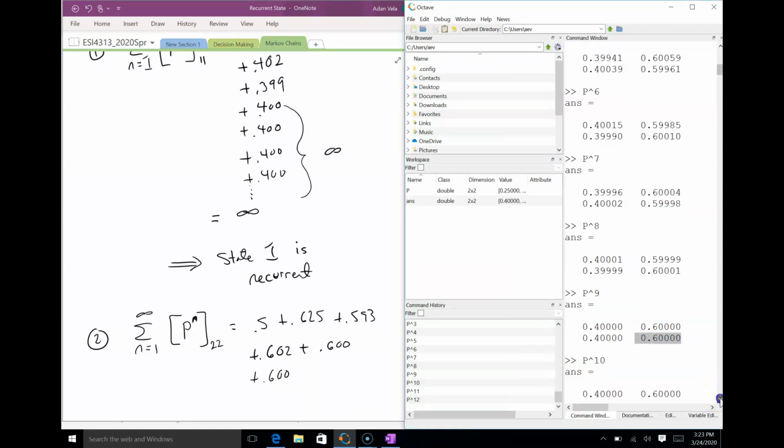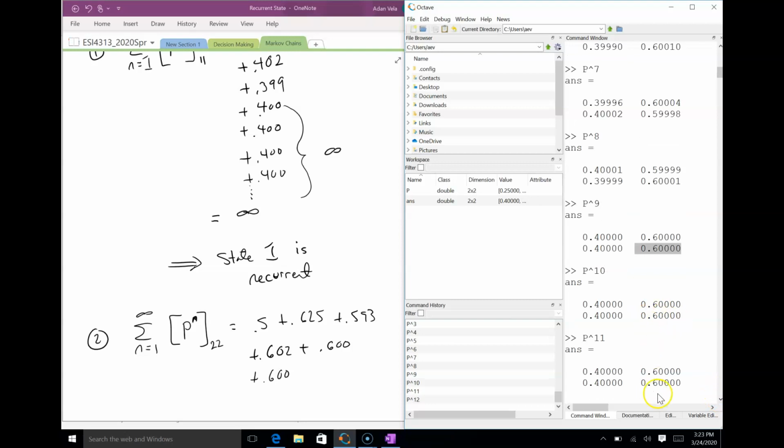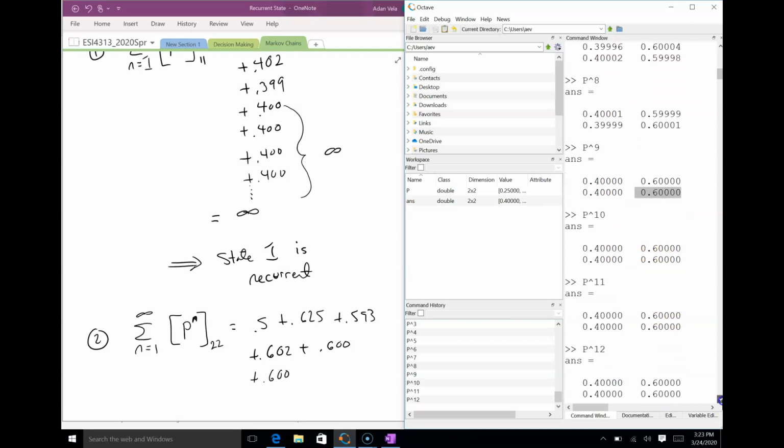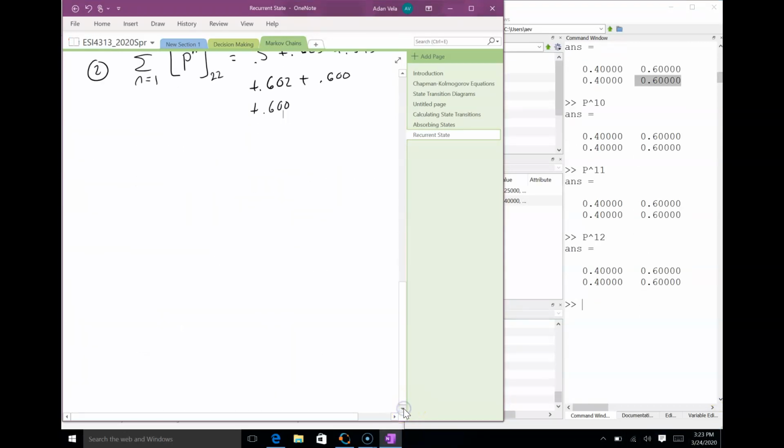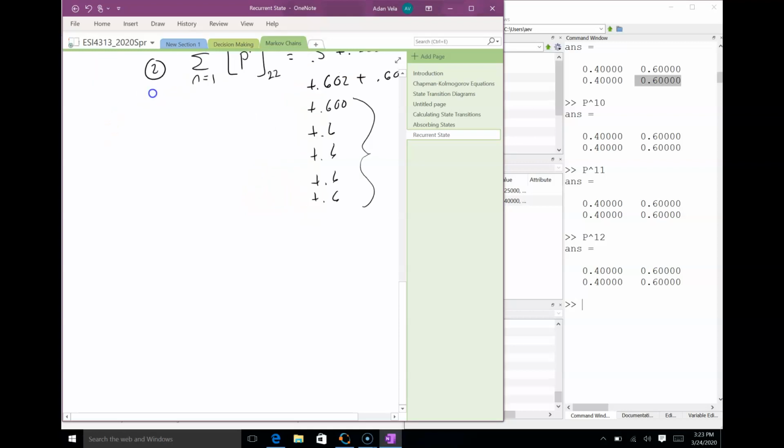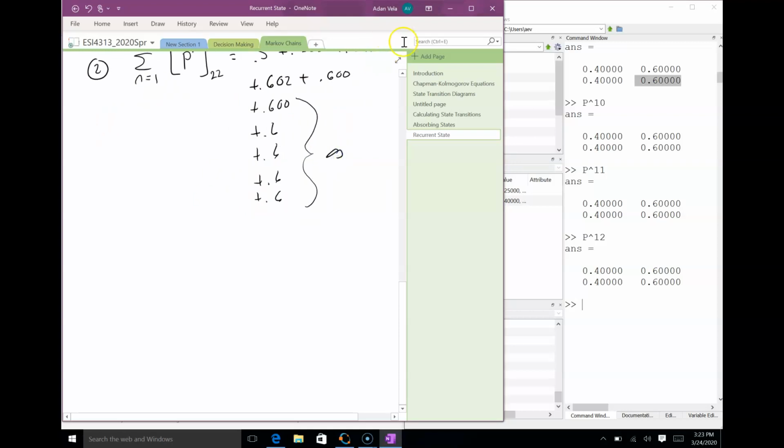Here you have p to the 10th, p to the 11th, we see 0.6, and it just keeps adding up 0.6 plus 0.6 plus 0.6.